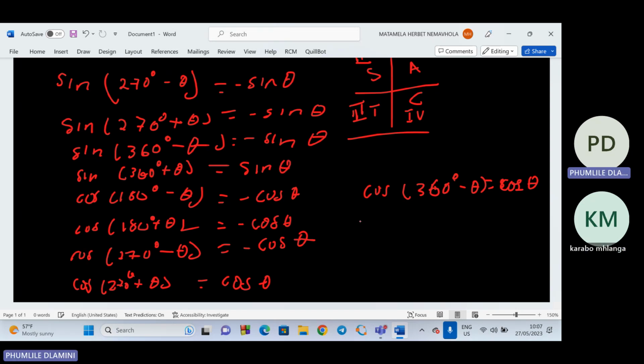And for cos, if we say cos of 360 degrees plus theta, it is in the first quadrant. In the first quadrant everything is positive, then the answer is going to be cos of theta.